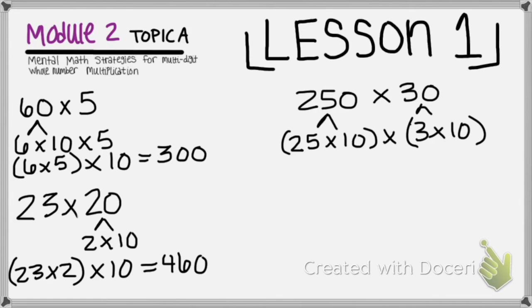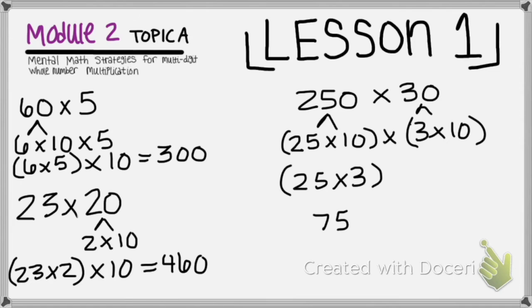I have all of these numbers that are being multiplied, so the associative property tells us that we can rearrange these in any way. 25 is a quarter, so I'm going to take 25 times 3 because that's like having 3 quarters, which I know is 75.